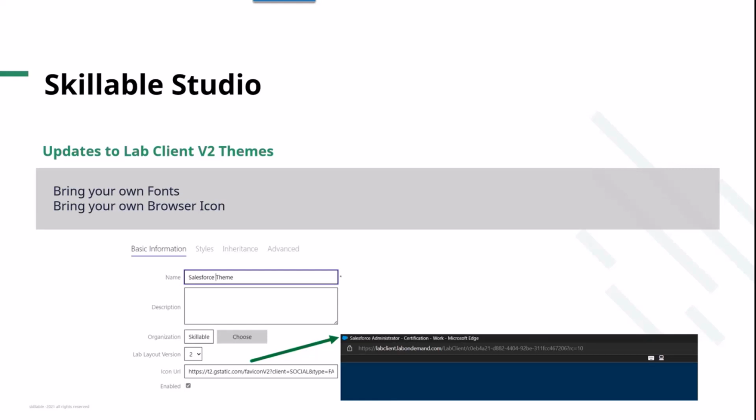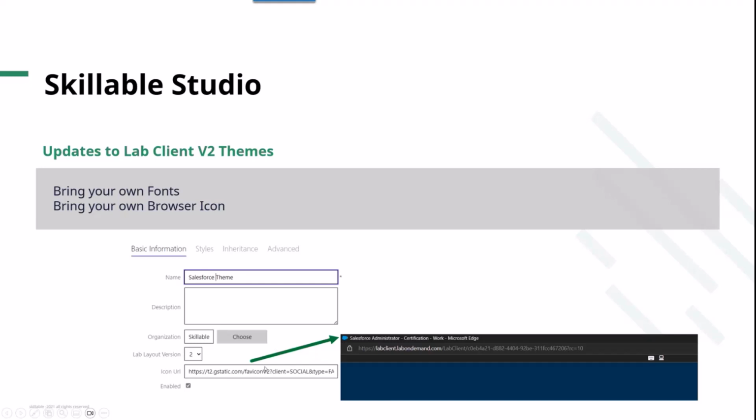Actually all customers that launch labs on our platform get the Skillable icon at the top left-hand corner. So again, as part of being able to brand it and make it look more like your organization's, you can now put your own icon at the top of the browser bar. It's got your identity just that little bit more.